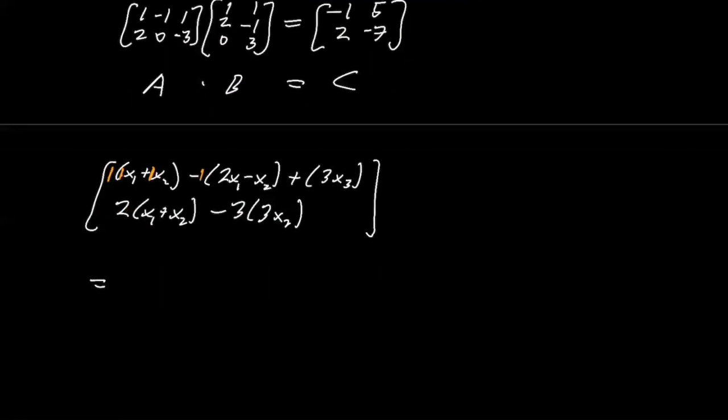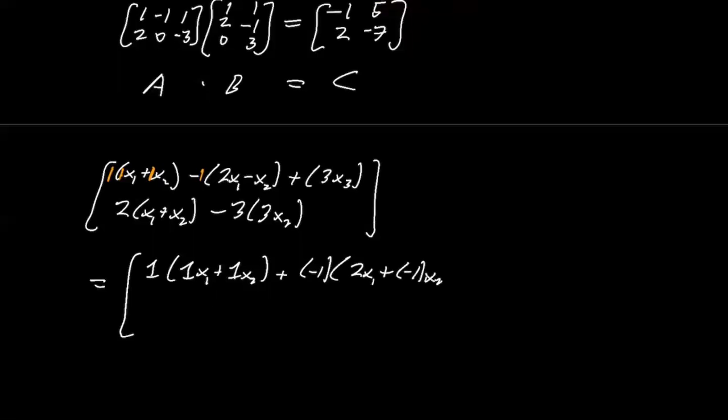So if we want to think about this super carefully, there's a 1 times x1 plus 1 times x2. There's a -1 times 2x1 plus -1 times x2, plus a 1 times... oh, this was supposed to be a 2.